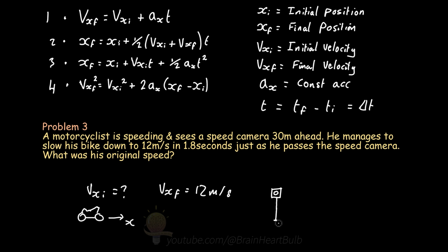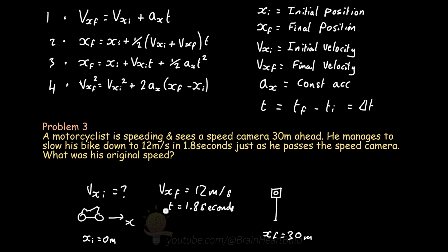We can set his initial position at 0 meters, and that's the time when he starts to decelerate when he sees the speed camera. Now he traverses this 30 meters in 1.8 seconds.